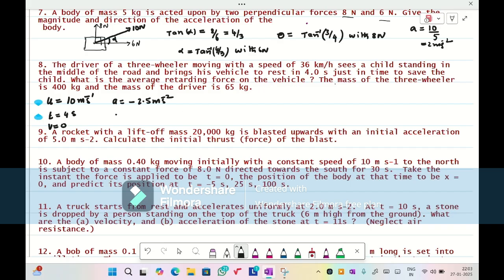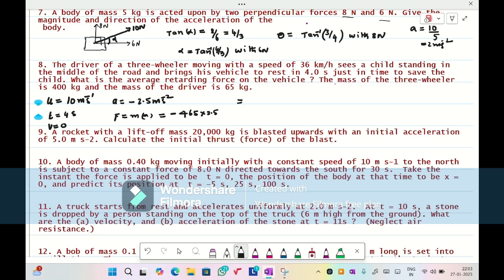So retarding force F, meaning braking force, is equal to M into A. Here M is the total mass, 465. 465 into 2.5. So this is minus.